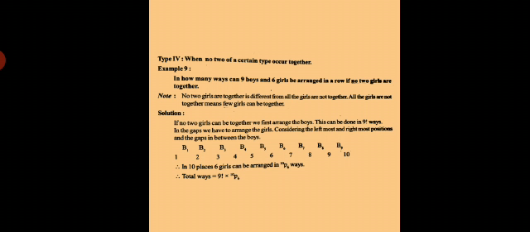We have 10 gaps from left to right. In these, 6 girls have to be arranged. Therefore the total number of ways is 9 factorial into 10 P6.